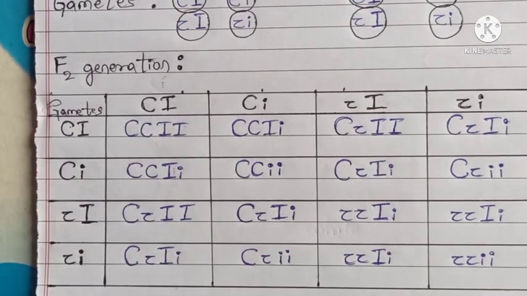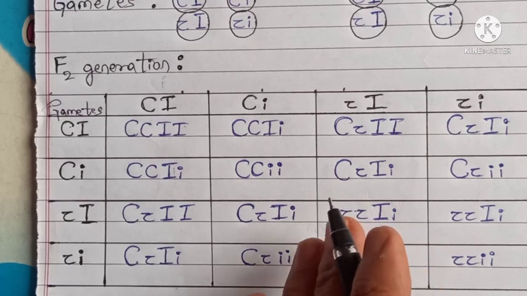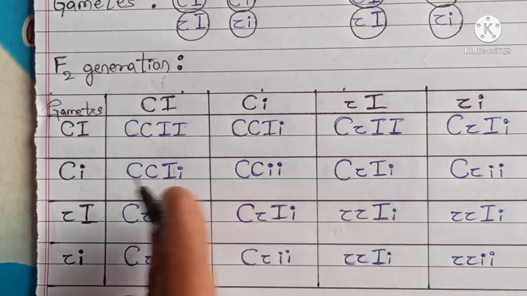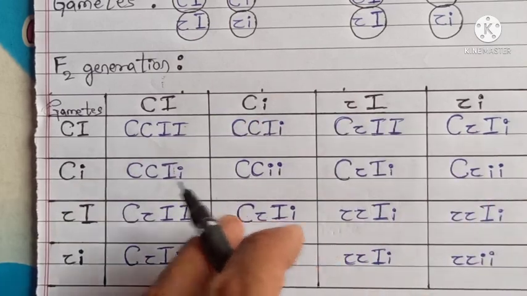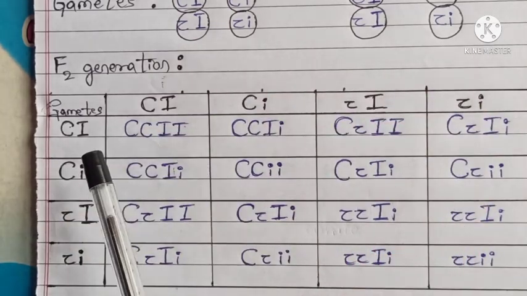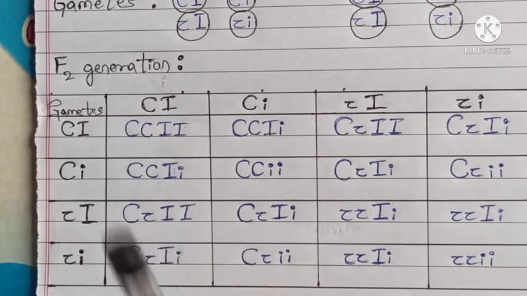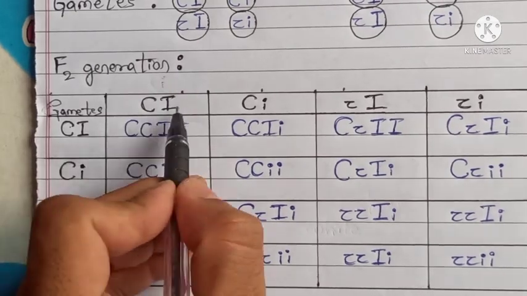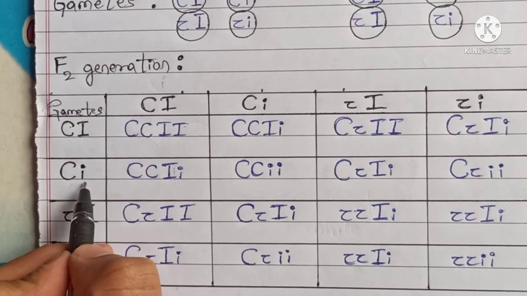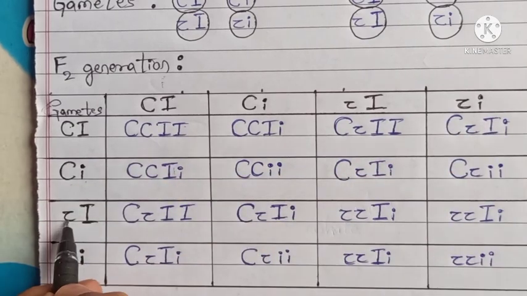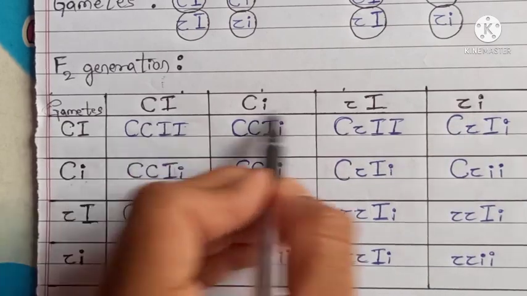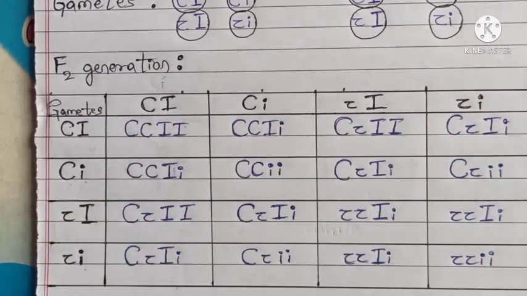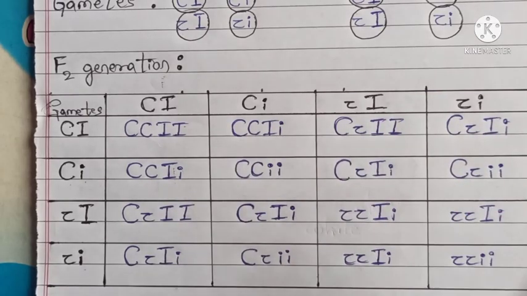If you are a beginner, please watch my earlier videos where I explained how to write the genotype, and if you already know this, then it will be very easy to write the genotype. So multiply this CI to all the 4, then this capital C small i to these 4, and small c capital I to all these four, and small c small i to all these four, and we can get this genotype.